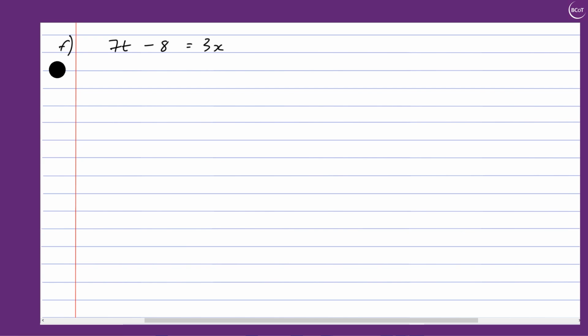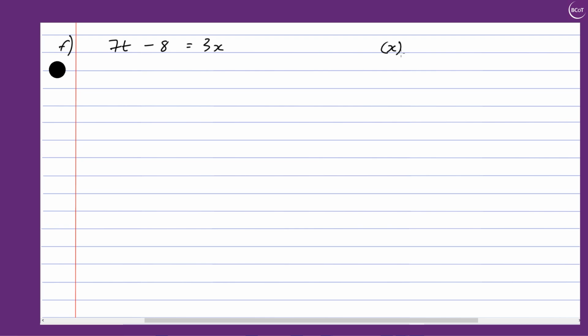In this one, we've got 7t minus 8 equals 3x. That's not 70, it's 7 lots of t. 7t in algebra minus 8 equals 3x. You could be asked to make x the subject, or you might be asked to make t the subject. Well, first of all, let's make x the subject.